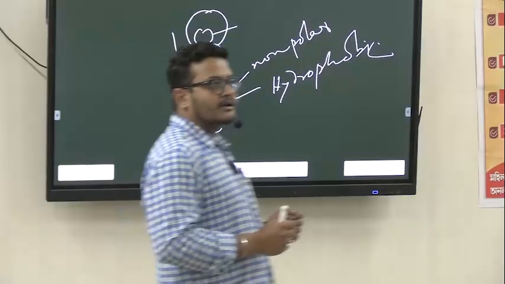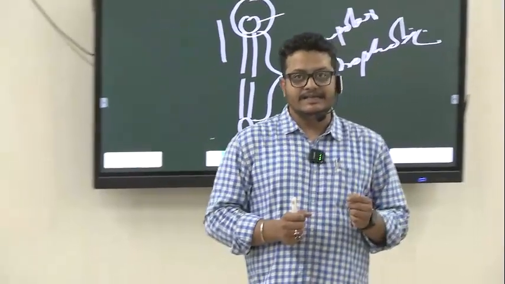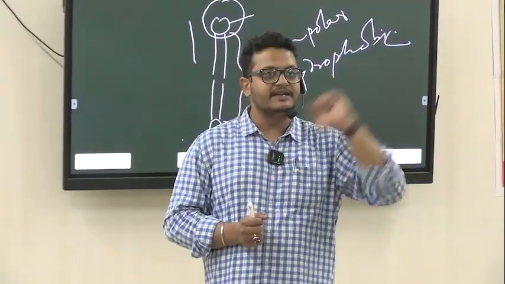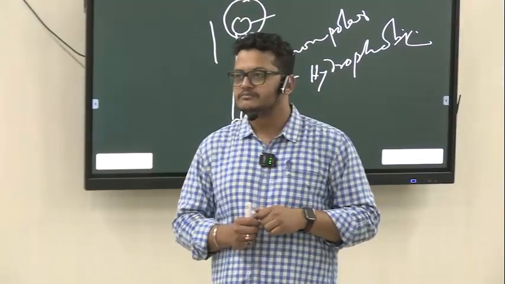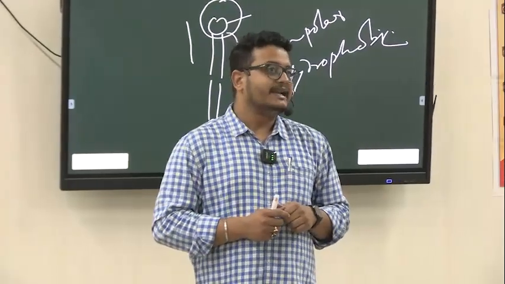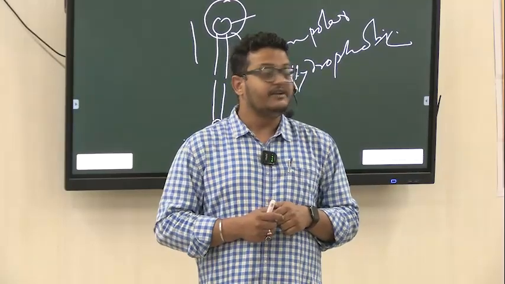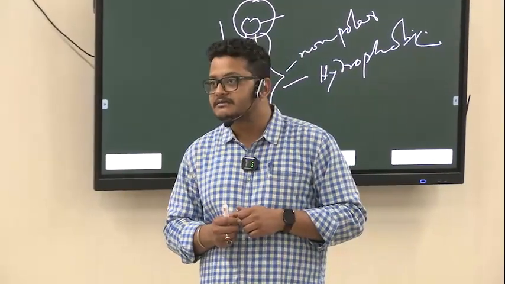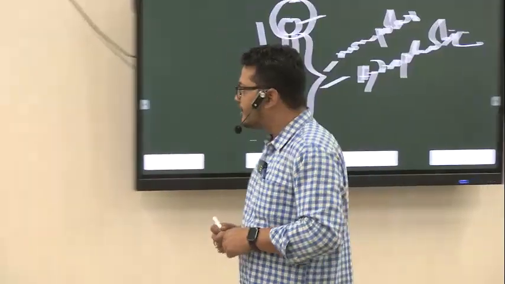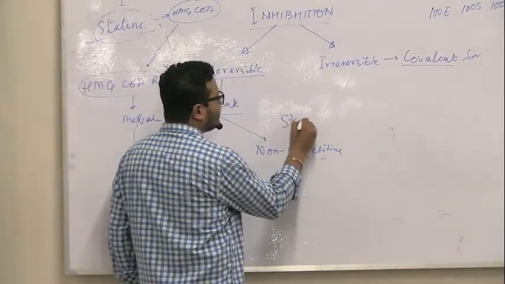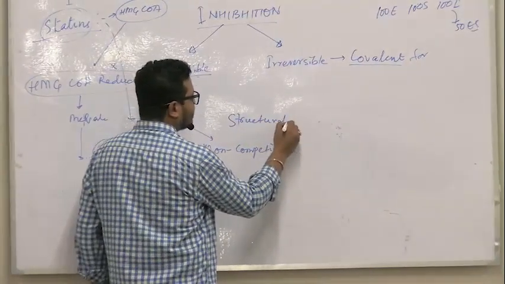Is it compulsory that the inhibitor should always bind to the active site? No, not needed. Then it can bind somewhere else, maybe, yes, of course, if the enzyme has some other sites. Fine. So first of all, for non-competitive inhibitors, we don't have structural similarity.